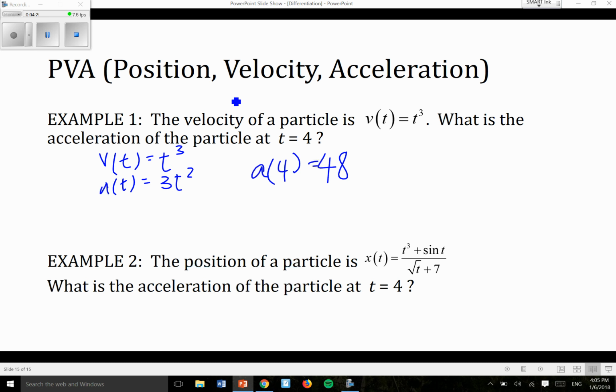Another example, the position of a particle is given by the function x of t equals t cubed plus sine t divided by the square root of t plus 7. And I want to know what is the acceleration of the particle at t equals 4. Actually, I lied. Sorry to make so many mistakes today.